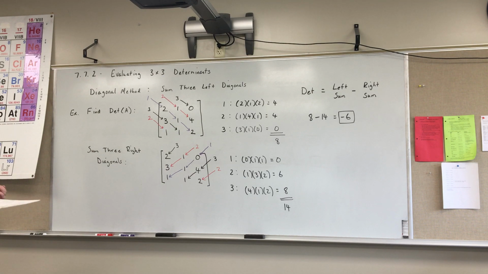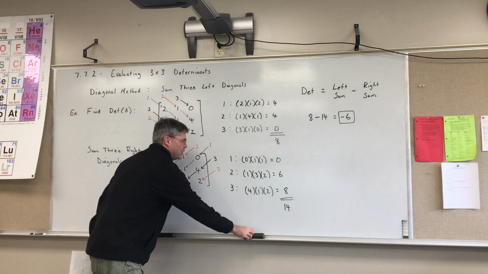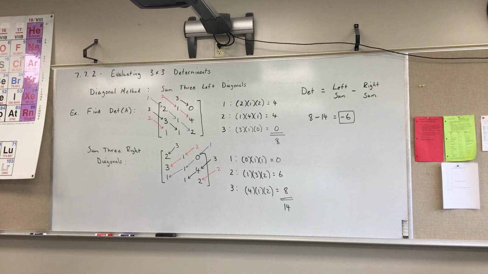Now I'm going to show you a different method called the row-column method. I'm going to use the same matrix, and we'll see if we get the same answer of negative 6. We certainly should. If not, I did something wrong. Okay, so I'll give you a second to pause the video and get all that written down.